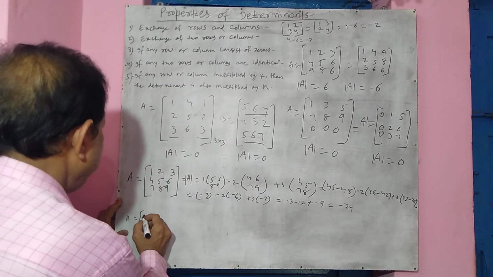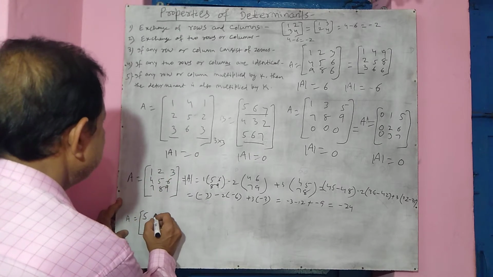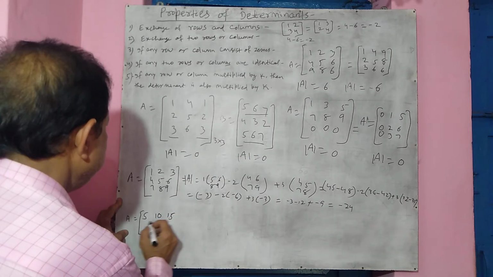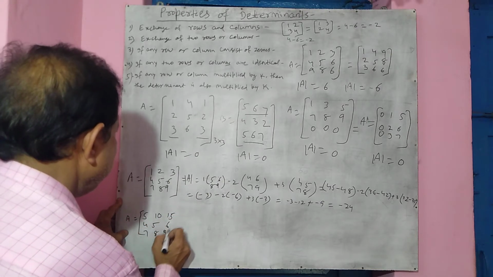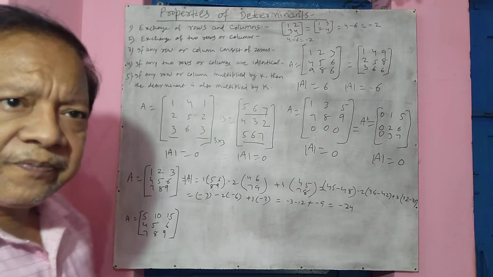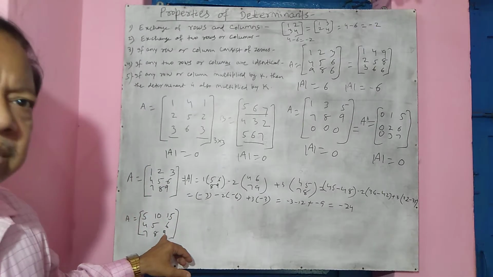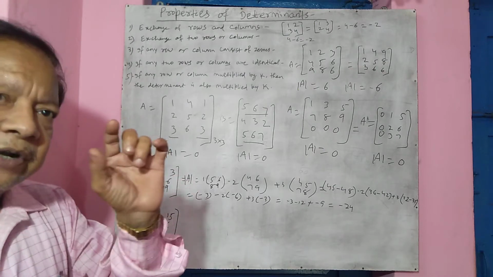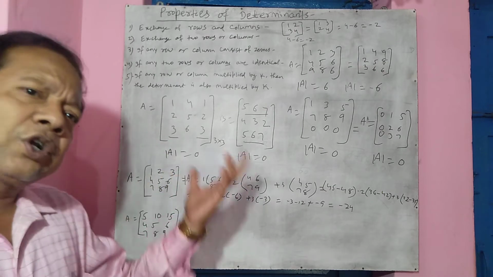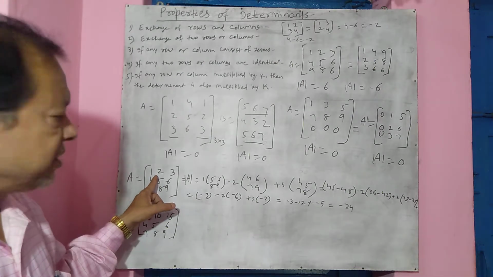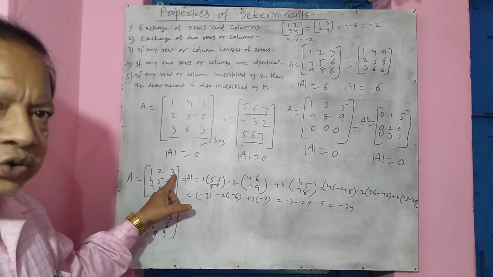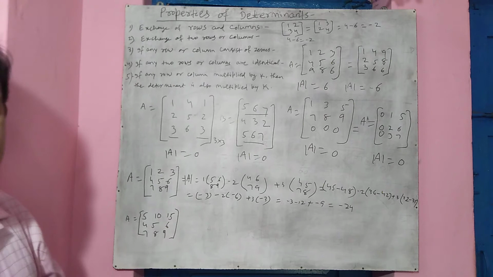So 1 into 5, that is 5, 10, 15, 4, 5, 6 and 7, 8, 9. Now we get a new matrix here. How we got it? We multiplied a fixed constant 5 with one of the rows or columns, anything you can do. I have multiplied 5 as a constant with the elements of the first row. So accordingly, I have a new matrix.